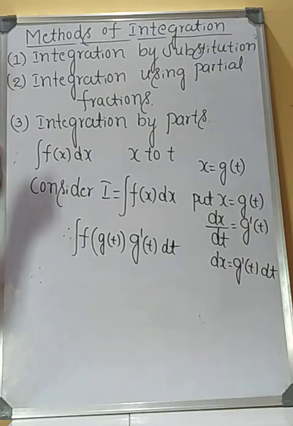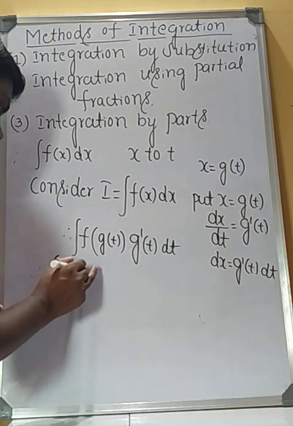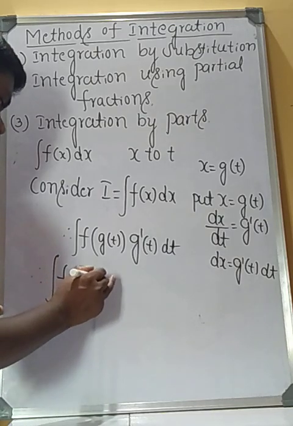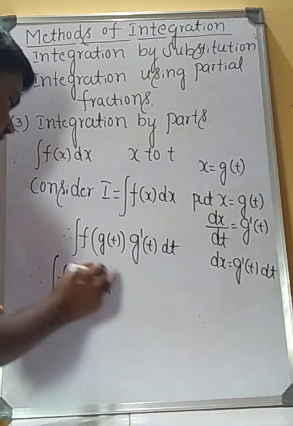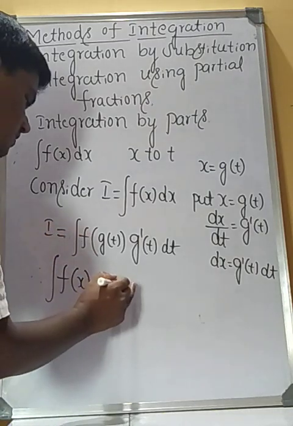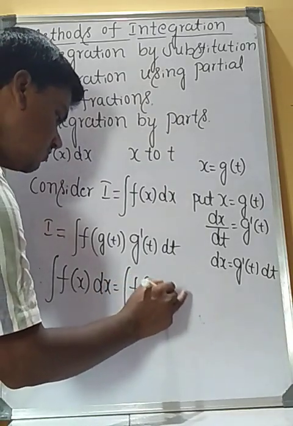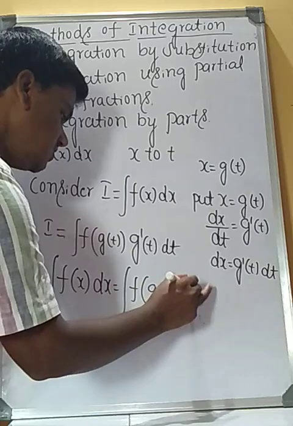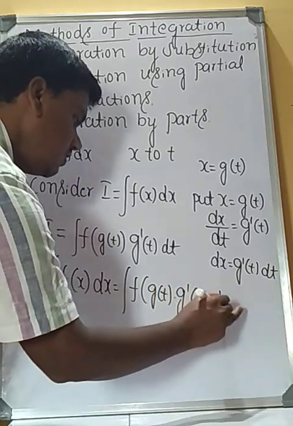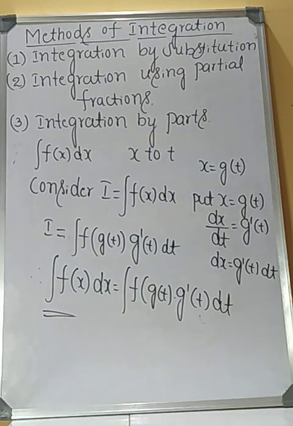Thus, I, the integral of f of x into dx, equals the integral of f of g of t into g dash of t into dt. This is the integration by substitution method.